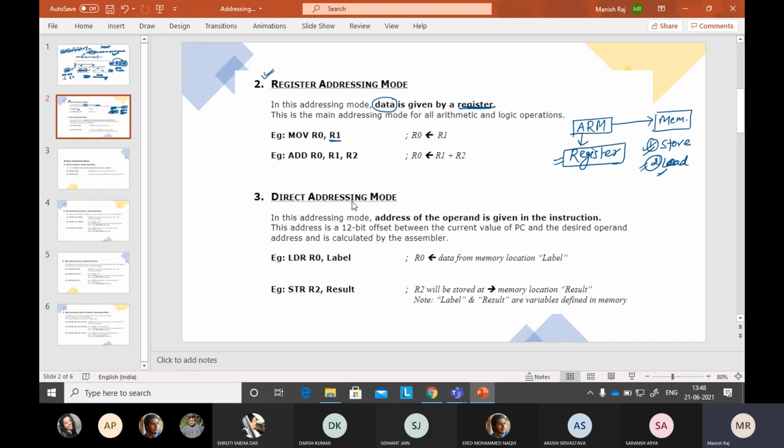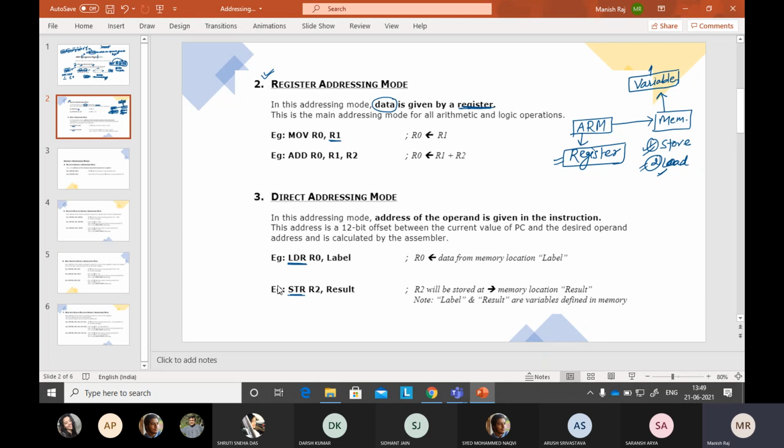So in the direct addressing mode, first we make some variables in the memory. We store some address with data in the memory, and we deal with these variables. We want to take the data from the variable. When we deal with the memory, you can use load register and store register.